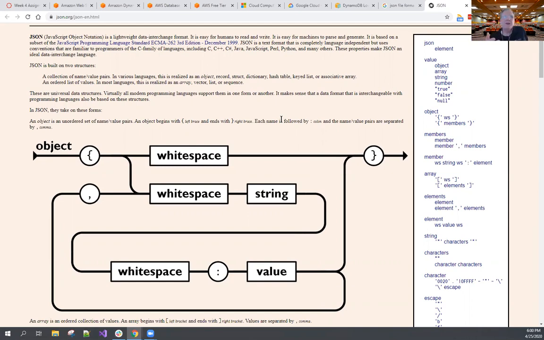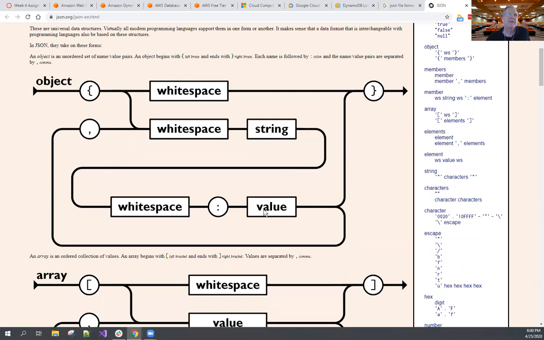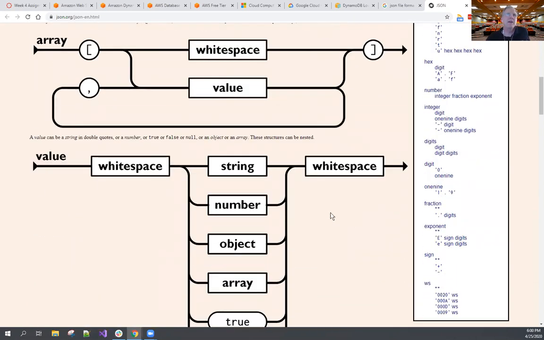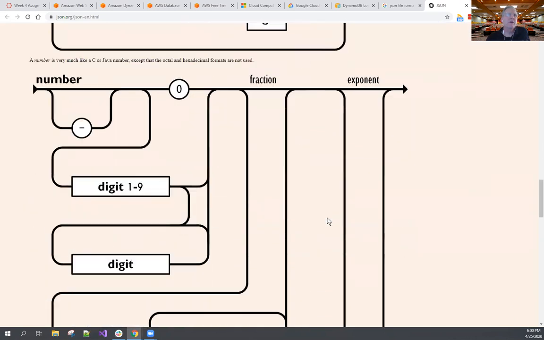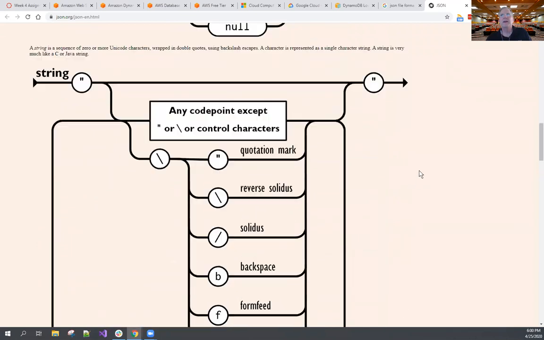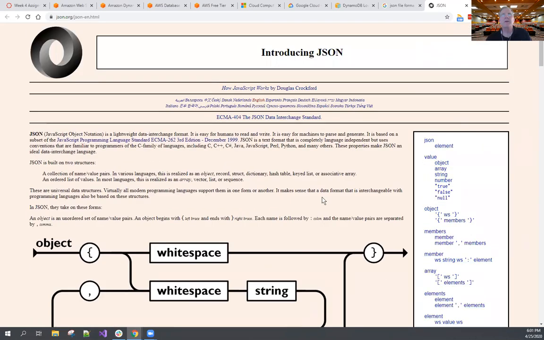But this is actually better because you can export the data in a format that brings a schema with it. So you can export objects. This is the syntax of it: arrays of objects, values, strings, and so on. So this is JSON, and this is actually how DynamoDB will talk.